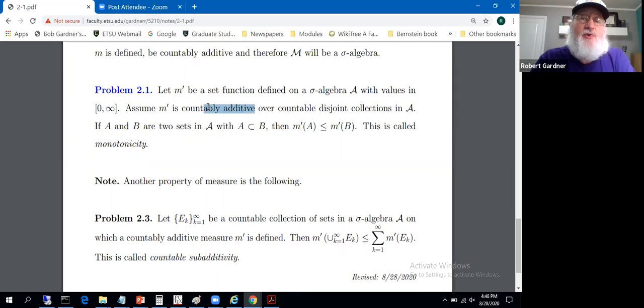Assume this is countably additive. So there are your hypotheses. If A and B are sets on which this is defined, with A a subset of B, then M prime of A is less than or equal to M prime of B. This property is called monotonicity.